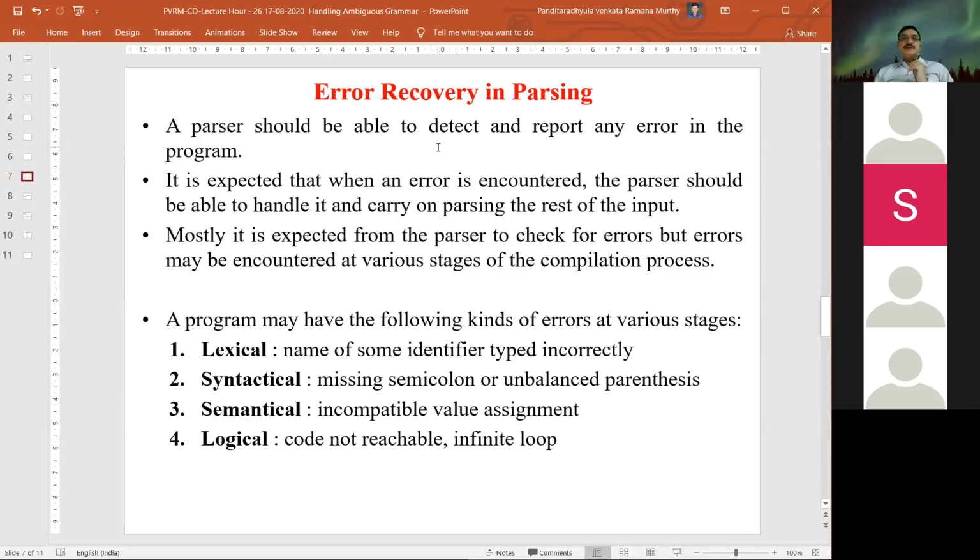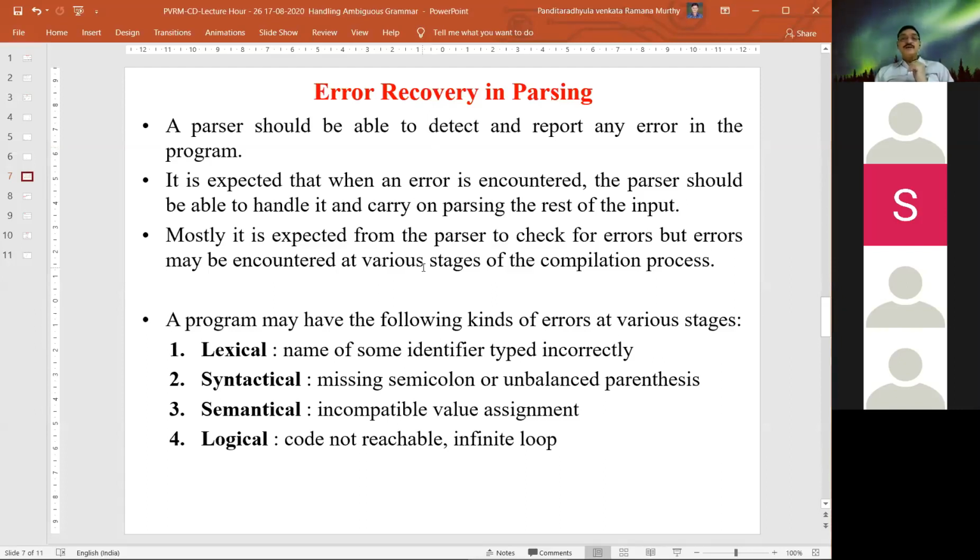Whenever it is detecting an error, it has to report to the compiler, to the error recovery routines. But whenever an error is encountered, it is expected that the parser should be able to handle it and carry on parsing the rest of the input.